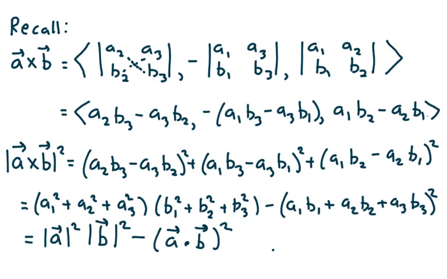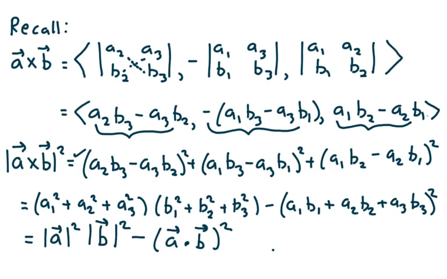So again, I went back up to A cross B. I took the first component and squared it, took the second component and squared it, and took the third component and squared it and added the results. And that's what I got over here.